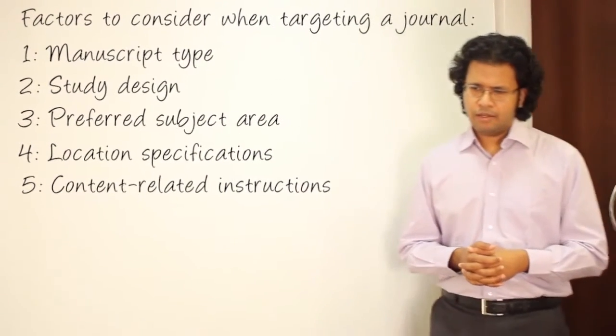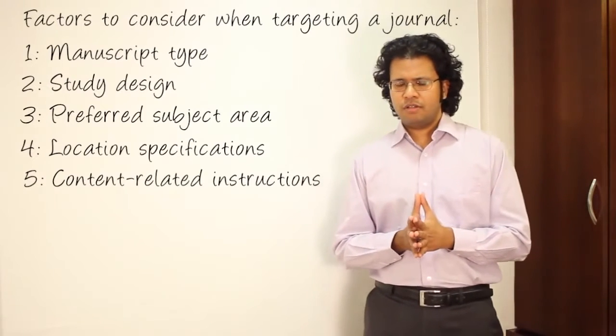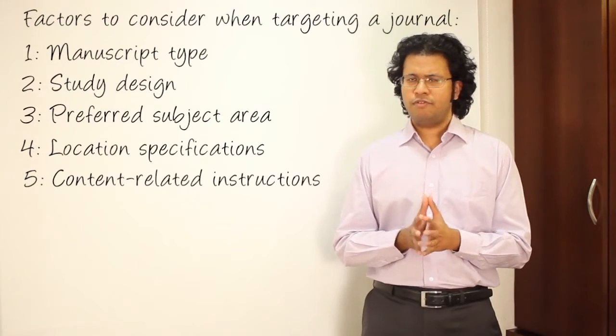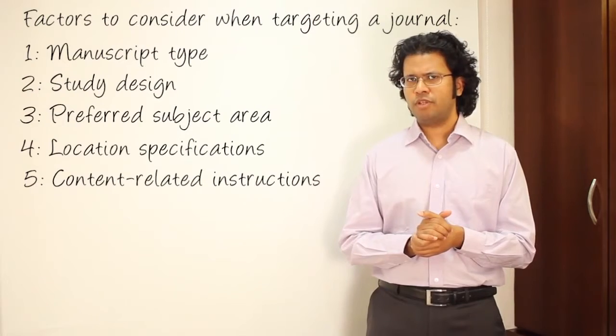So now let's look at a few journals. Let's try to match your paper with a few journals and arrive at the one that seems most suitable. To begin with, let's talk to an assumption. Suppose you have written a paper on using endoscopy for the treatment of gastric stromal tumor.